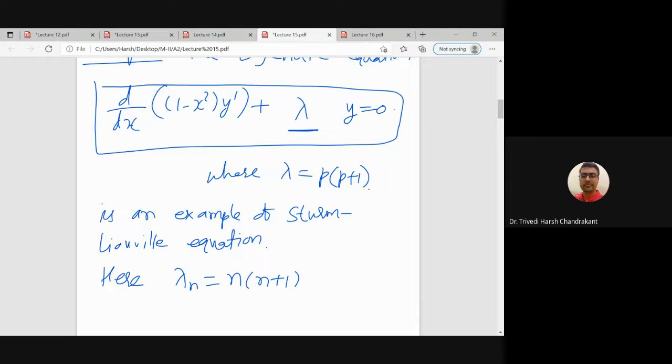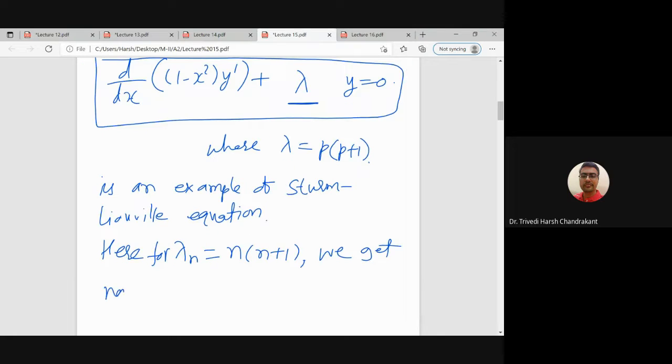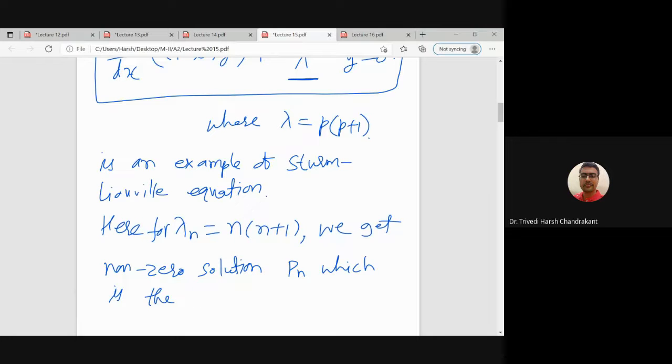Why are we calling it lambda n? Because this value depends on n. So here for this particular value n(n+1), we get a non-zero solution Pn, which is a Legendre polynomial.